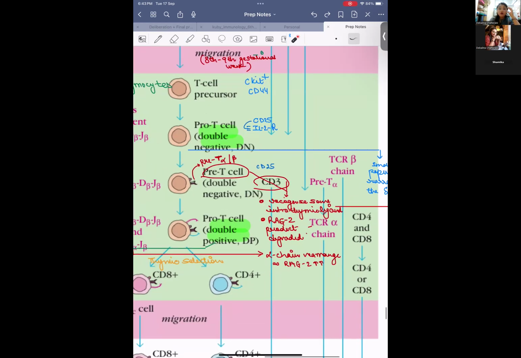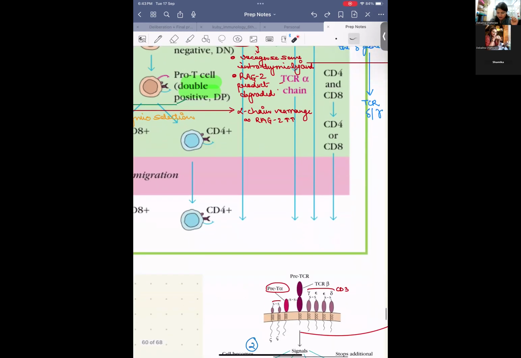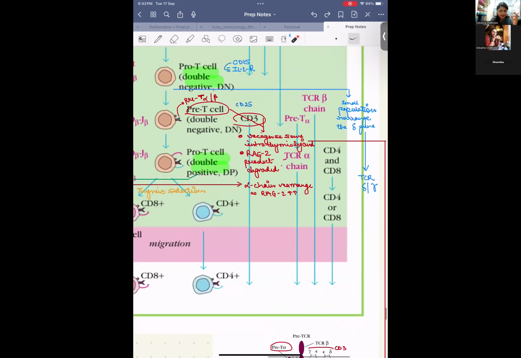Right? Now, coming slightly back to how the permission is given. So what happens in the pre-T cell that has rearranged the beta chain, we have it recognize some intrathymic ligands here. So this signaling comes into play because a pre-T cell can recognize some of the ligand molecules being expressed by the cells of the thymic stromal network, right?